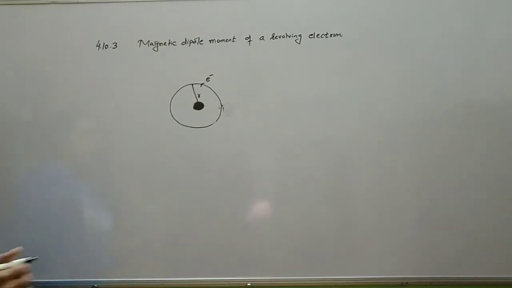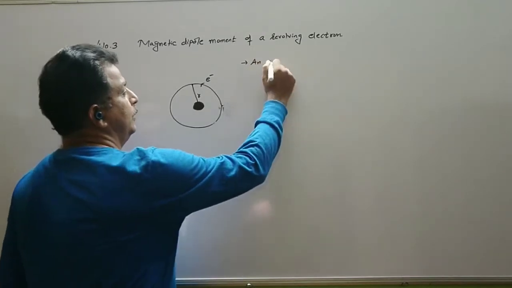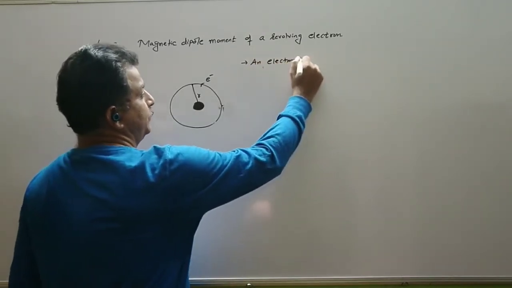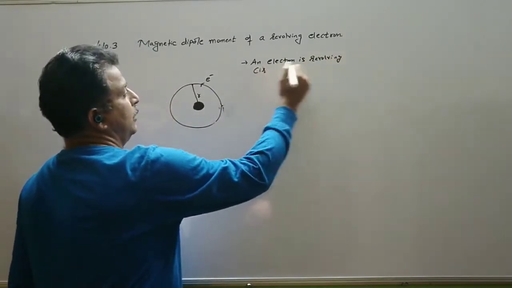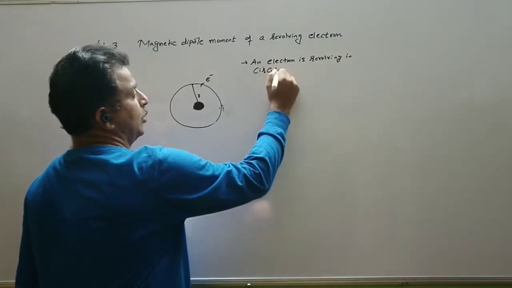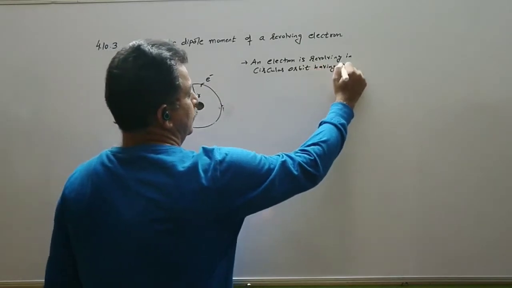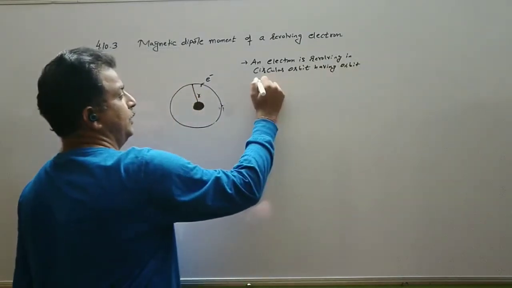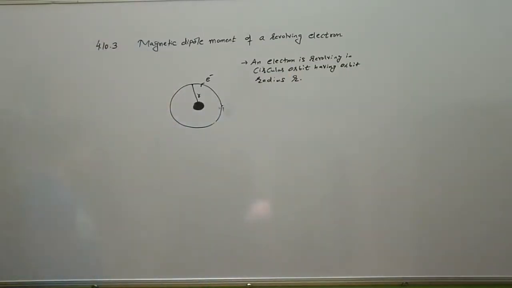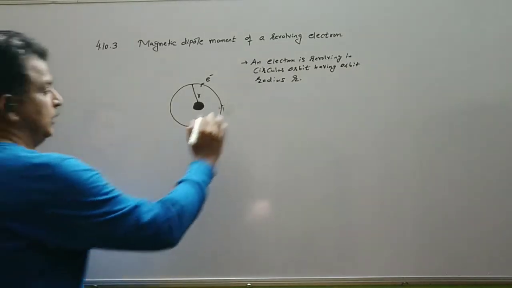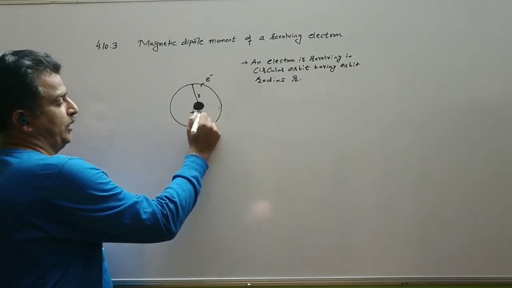So this is our assumption that an electron is revolving in a circular orbit having orbital radius denoted by small r, and we assume that the electron is revolving around a nucleus which is positively charged.